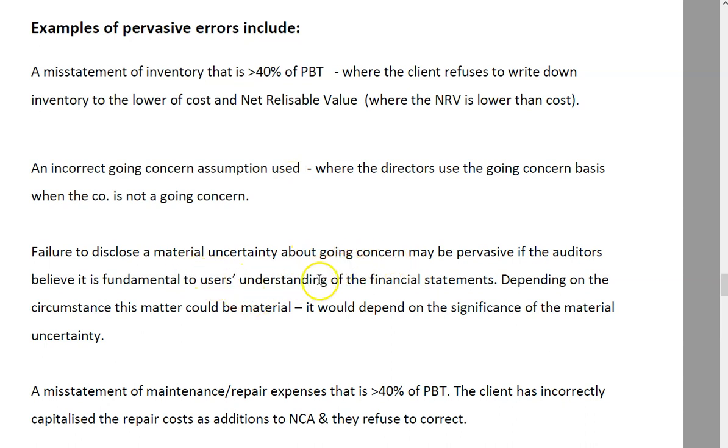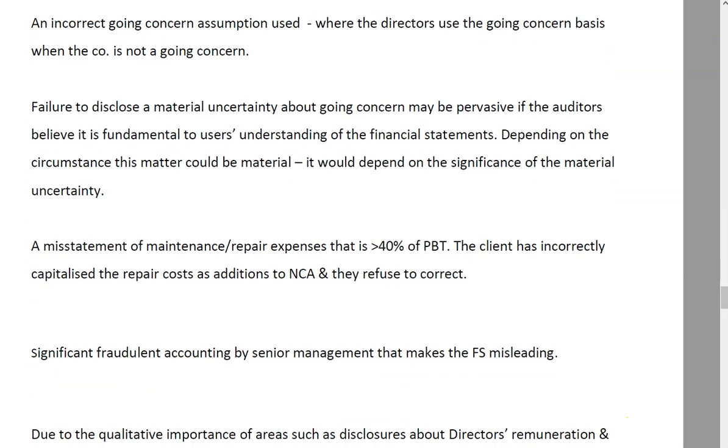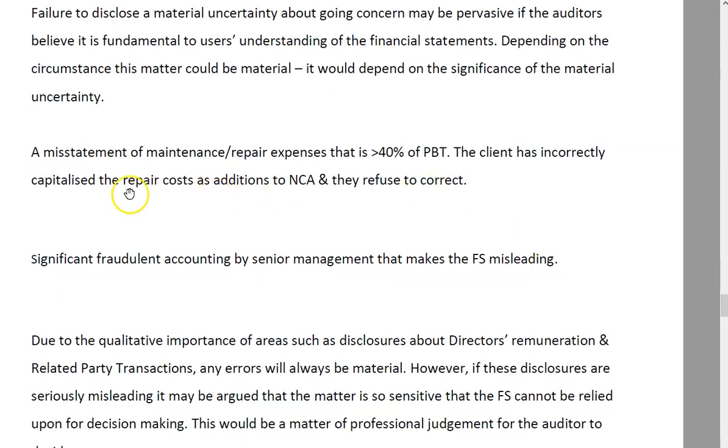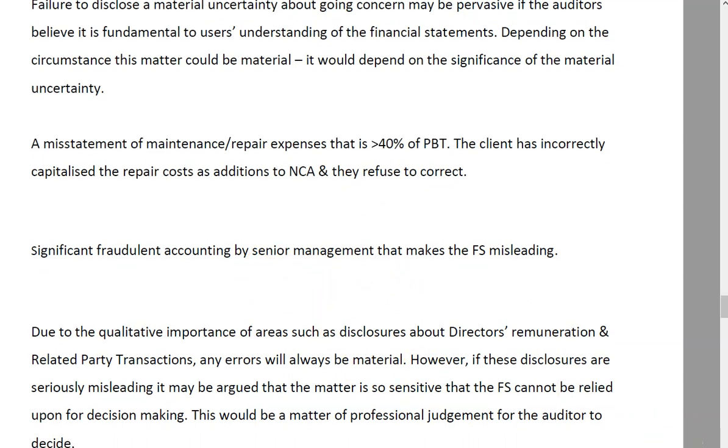A material uncertainty, failure to disclose, so something in the notes, and depending on the circumstances, this could be material. So if the client incorrectly capitalized repair costs as additions to non-current assets and they refuse to correct, well then that's an error in the accounts. And particularly, depending on the size of it, you can determine the materiality. If it's greater than 40% of PBT, it's a pervasive error. These are other examples of errors.